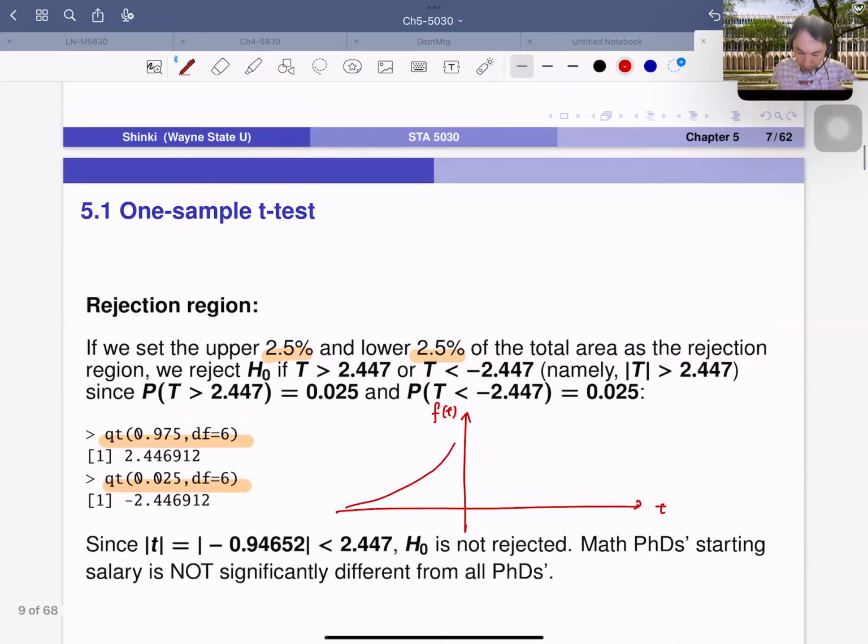The lower 2.5 percentile has a threshold value of negative 2.446 for 7 observations, and the upper quantile is 2.446. That can be obtained by this qt function. This point is called the 97.5th percentile.